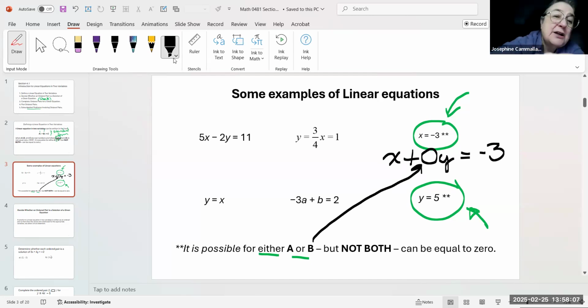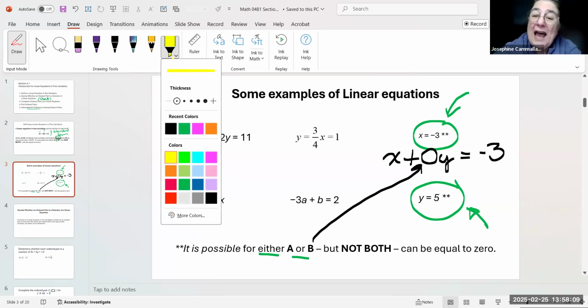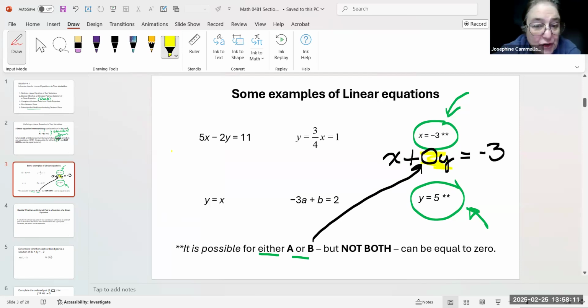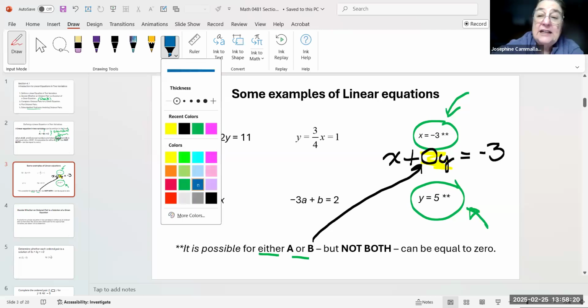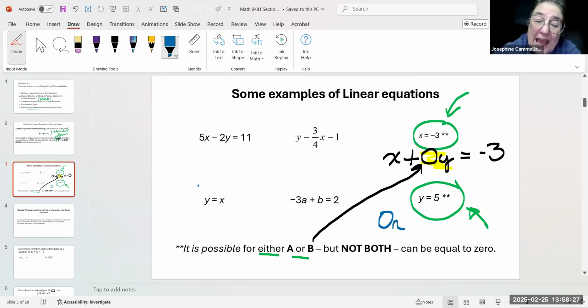That term, 0y, is understood in the world of mathematics. Now, if we take a look at y equals 5, this is 0x plus y is equal to 5, which means our a term can be 0.